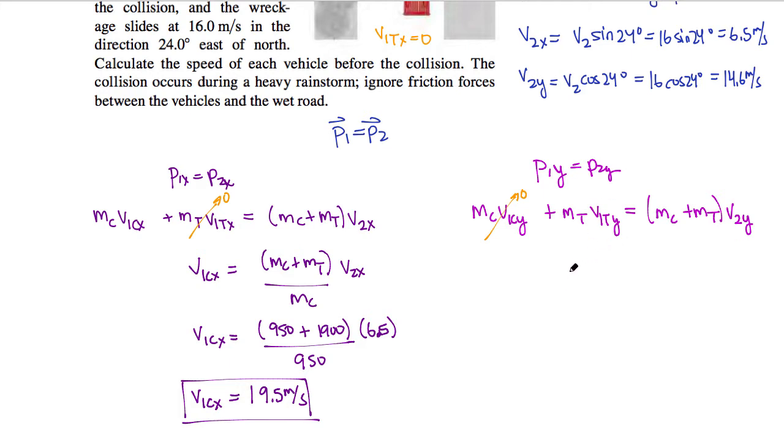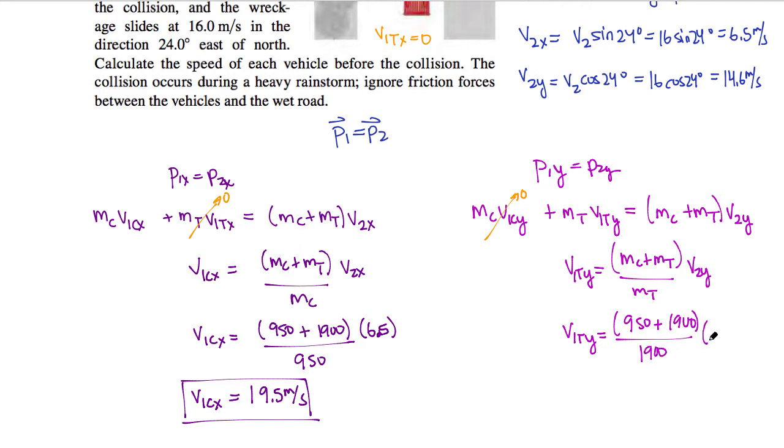So that means if I want to find the truck's initial speed, I just have v1 of the truck in the y direction equal to mass of the car plus mass of the truck over mass of the truck this time times their final speed in the y direction. So my initial speed of the truck will be the 950 kilograms of the car plus the 1900 for the truck over the 1900 of the truck times the final speed in the y direction, which is 14.6 meters per second. So the initial speed of the truck in the y direction will be 21.9 meters per second.